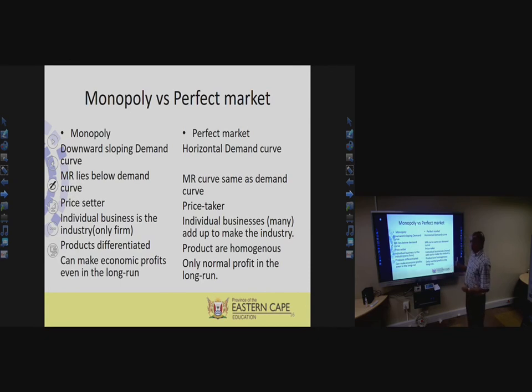But that is not the case with monopolies. Monopolies can make economic profits even in the long run.